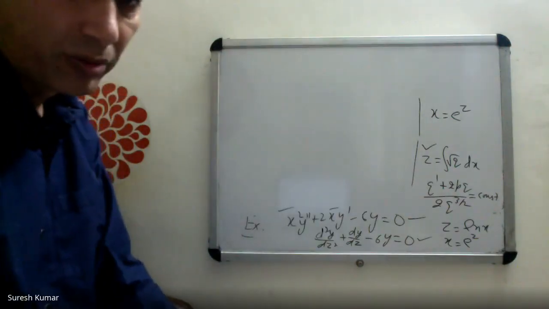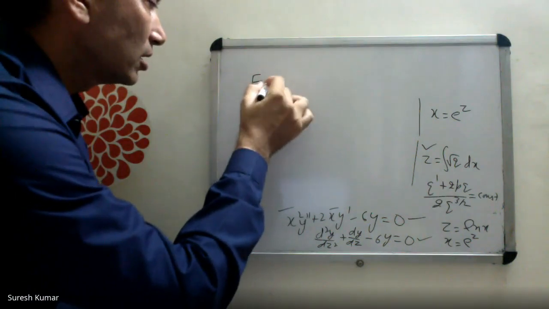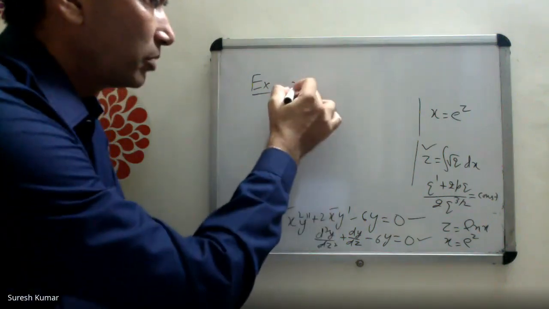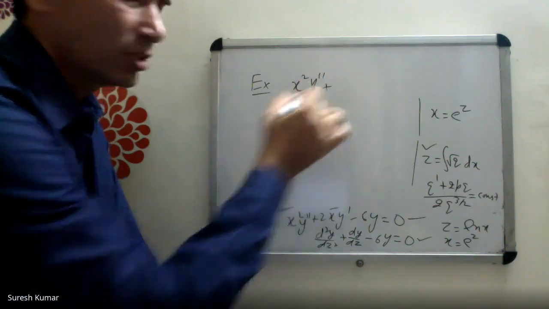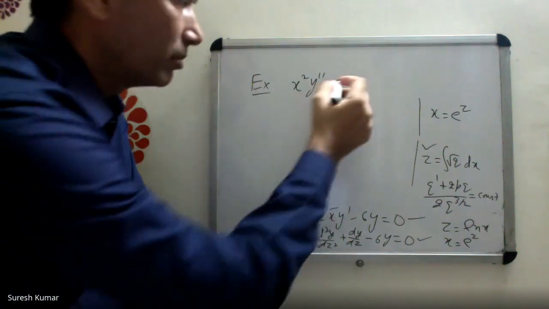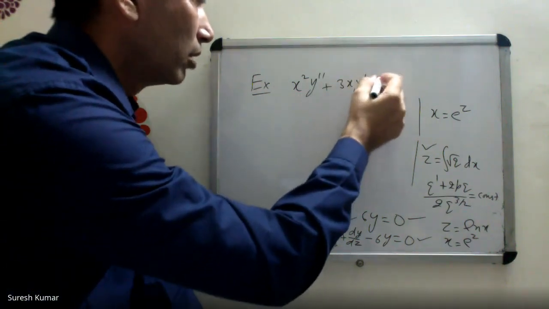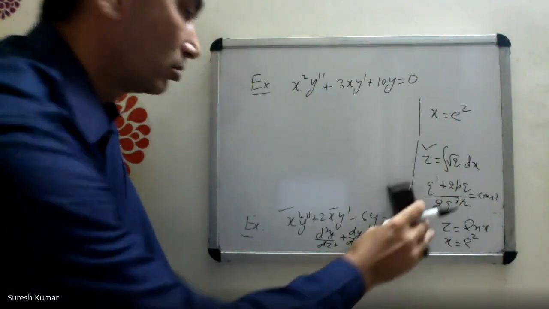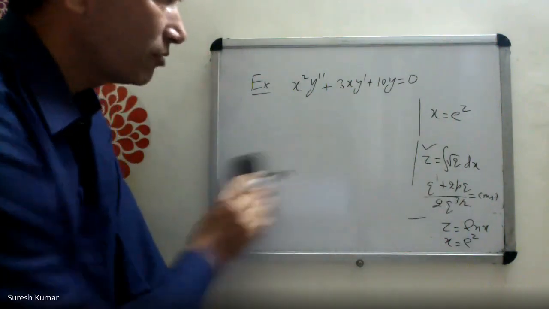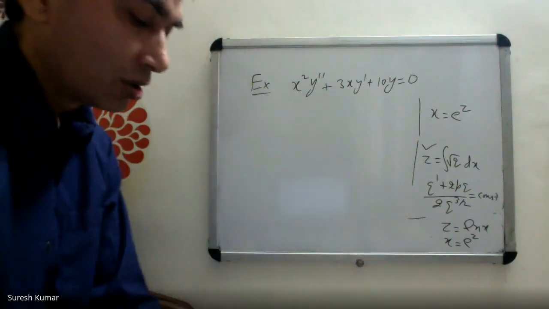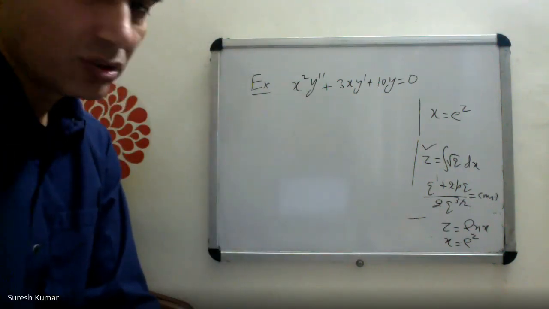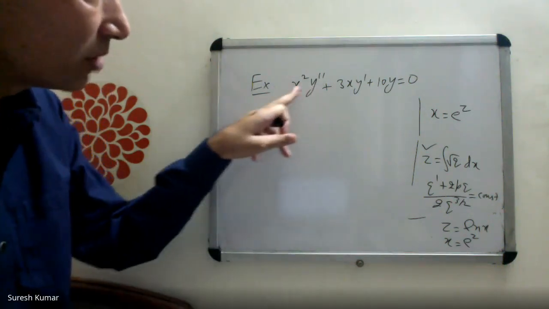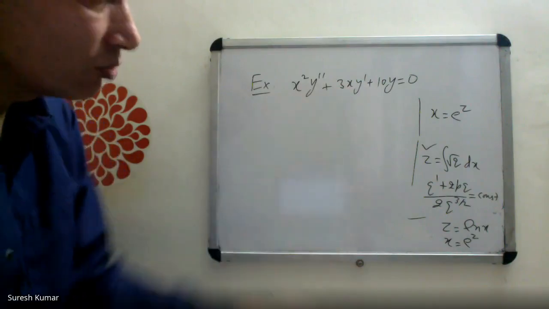Okay, do one more problem just for practice and match the answer. It is x square y double prime plus 3xy prime plus 10y equal to 0. Now looking at the differential equation, you should be in a position to understand which transformation is applicable. You are seeing that the second derivative is multiplied by x square, first by x. So which transformation will work?